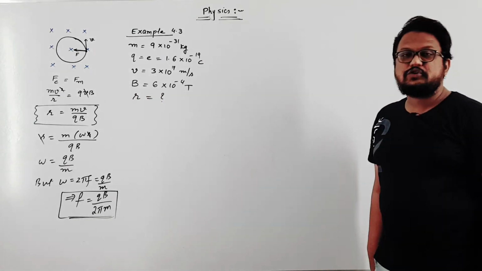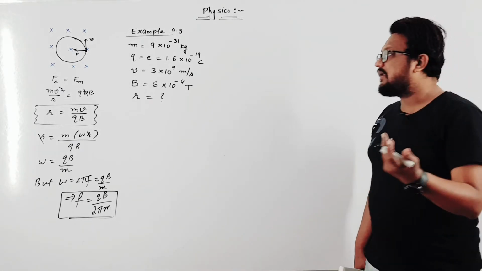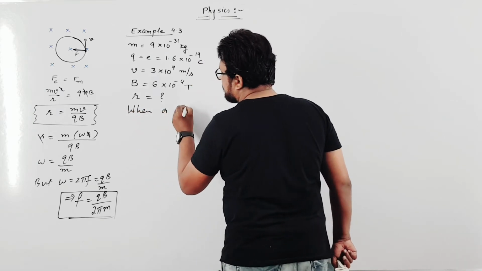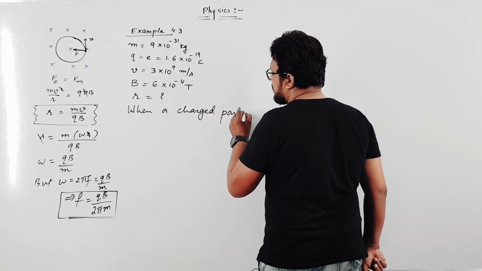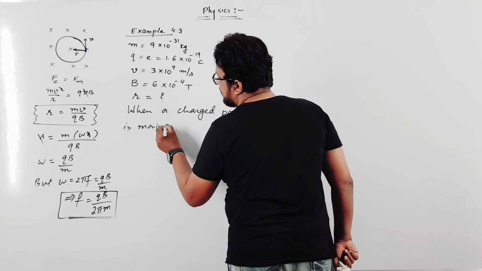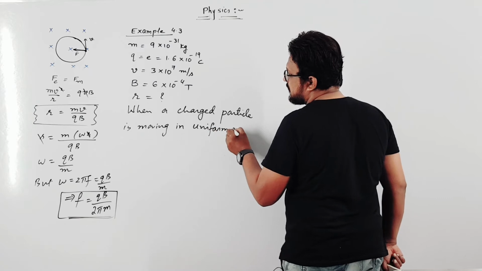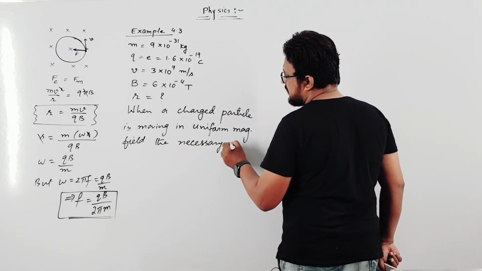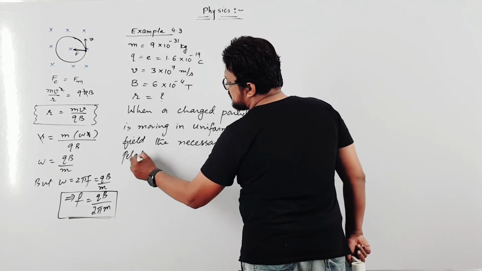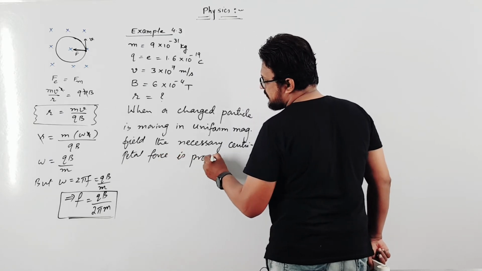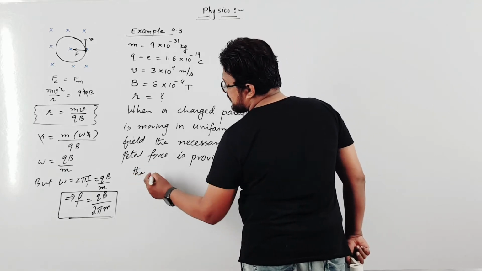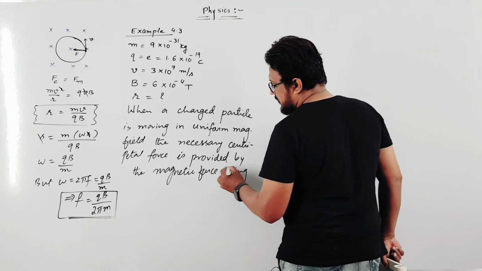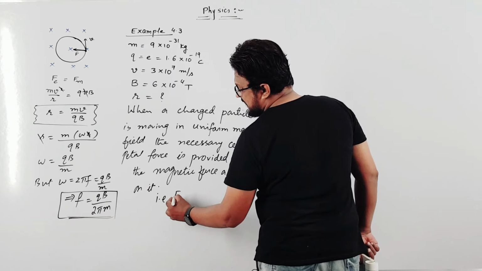Look, if you remember this equation, you can directly write it, or you can derive it like this. When a charged particle is moving in a uniform magnetic field, the necessary centripetal force is provided by the magnetic force acting on it, that is, centripetal force equals magnetic force.